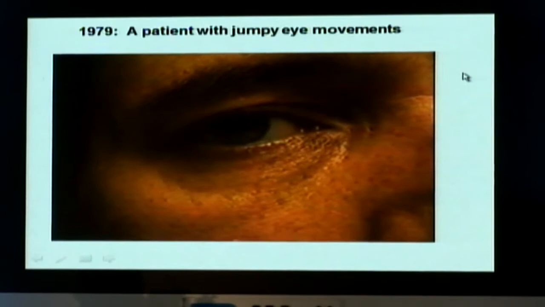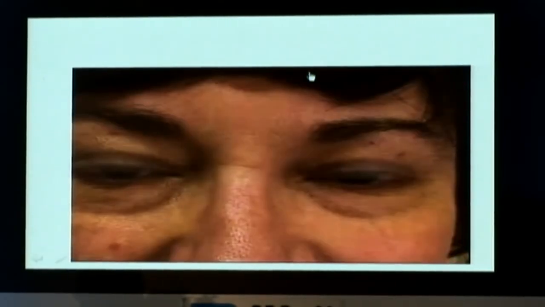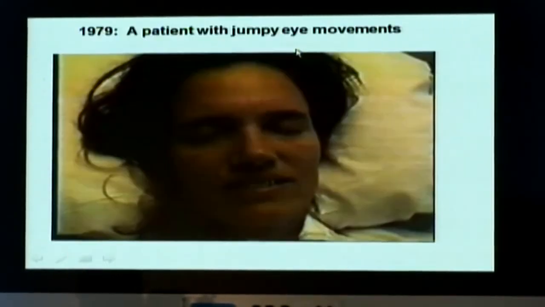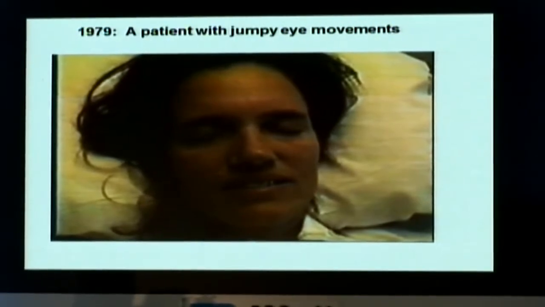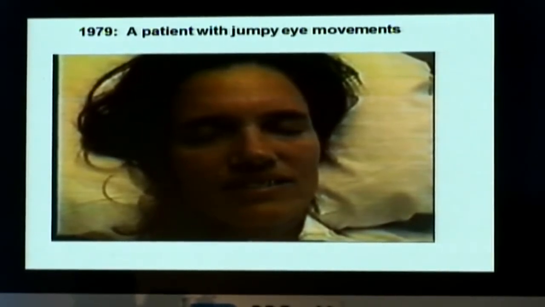So this is opsoclonus. It's random saccades. It's not a nystagmus with a slow phase. The saccade takes the eye away from the target, and it comes back to back, just like this. It's called opsoclonus. And I bring this out to you because, again, whatever causes this almost always has the patient first complain of vertigo, and they're often diagnosed as vestibular neuritis.